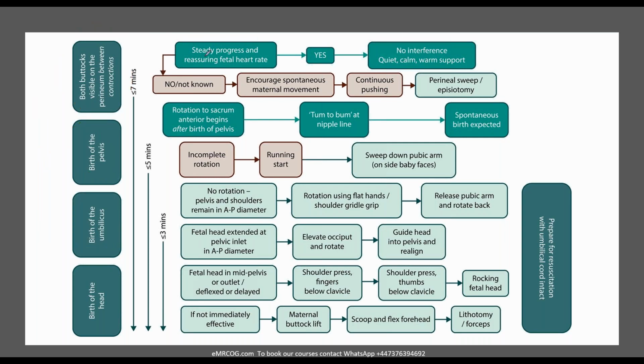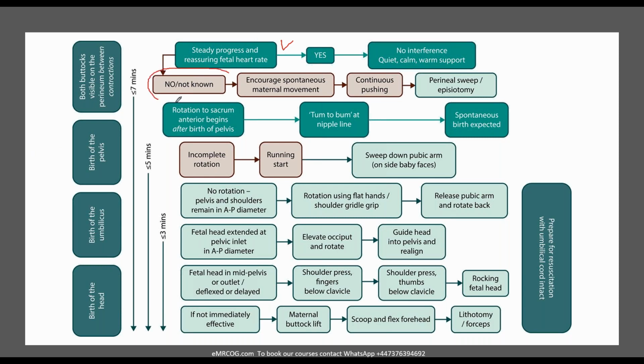Since we have steady progress and a reassuring fetal heart rate, we are happy, right? Do you agree that we are happy if we are following this? Progress is fine, 7 minutes from both buttocks visible on the perineum between contractions till the birth of the pelvis. Yes, everybody is happy. But if not, what will we do?